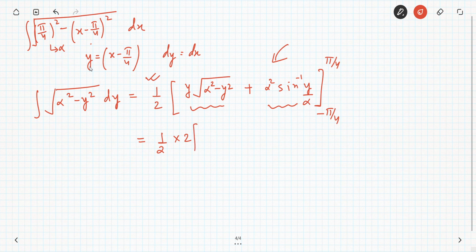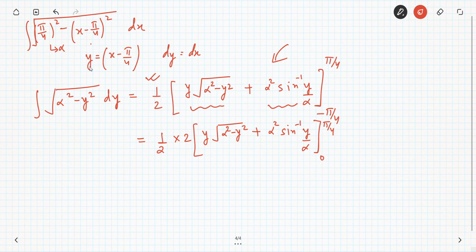So I can write y root under alpha square minus y square plus alpha square sine inverse y upon alpha, and the limit will be 0 to pi by 4.